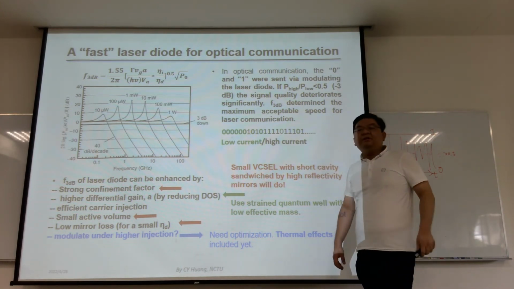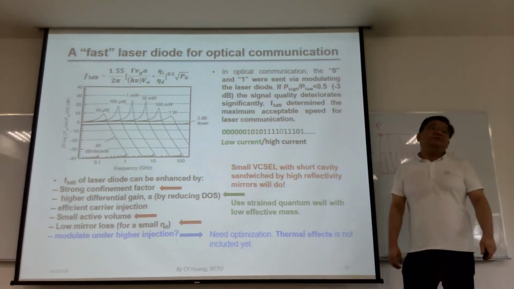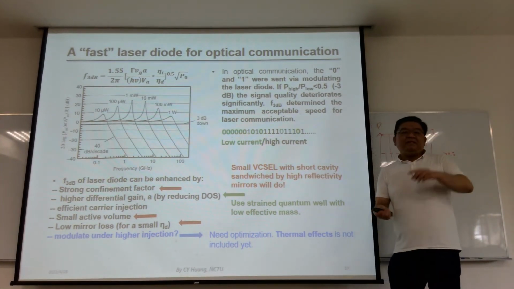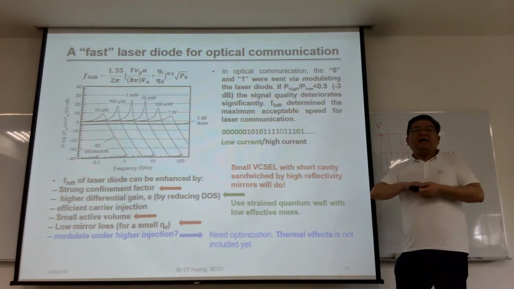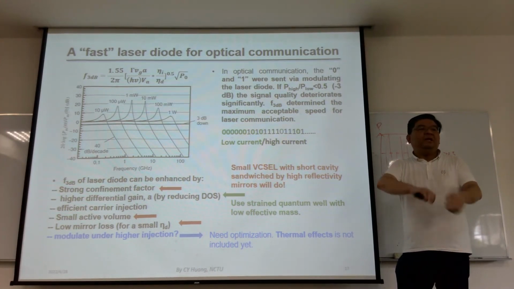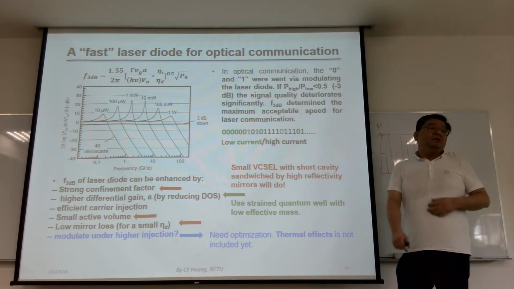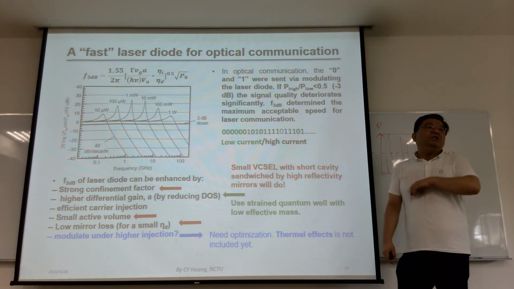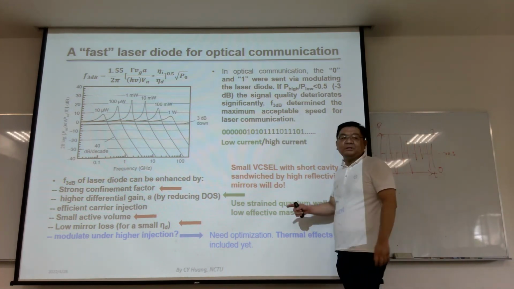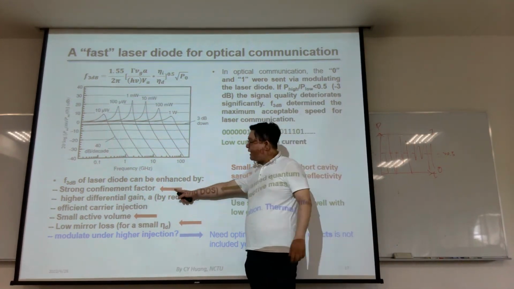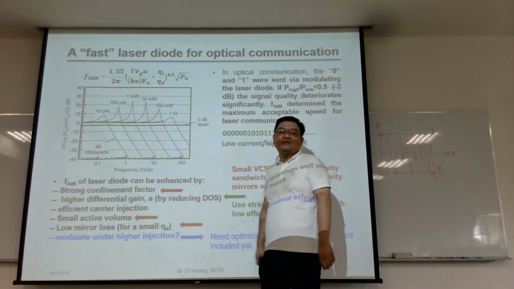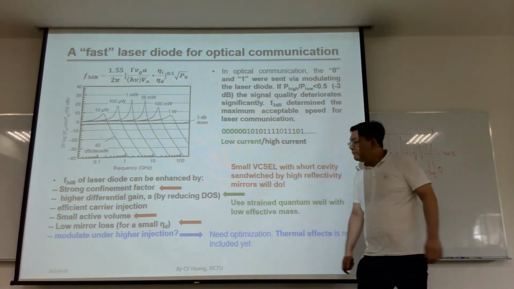If your cavity has a stronger confinement factor, that means your photon has a higher probability to interact with the injected carrier. So surely the response time will be faster. So you might consider making a stronger confinement factor for your laser.